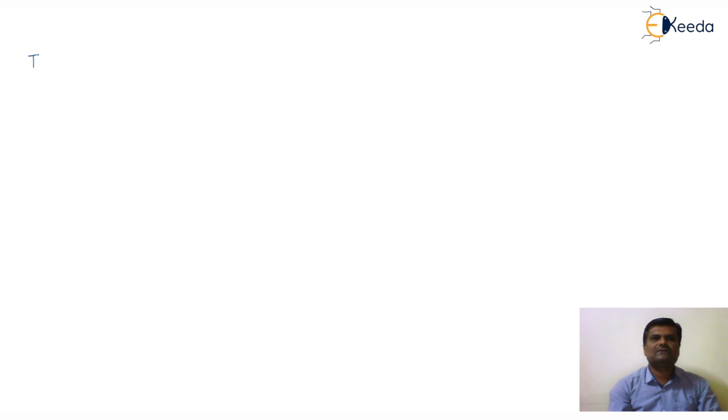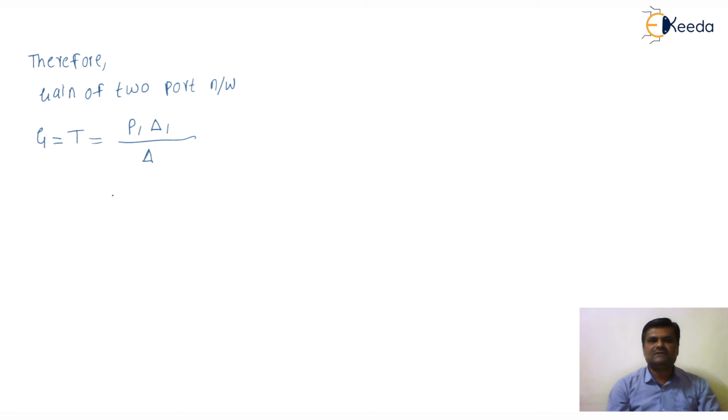Therefore, the gain of the two-port network is given as G equal to, you know that, P1 delta 1 divided by delta. So put the value of P1. What is P1 here? S21. Delta 1 is 1.